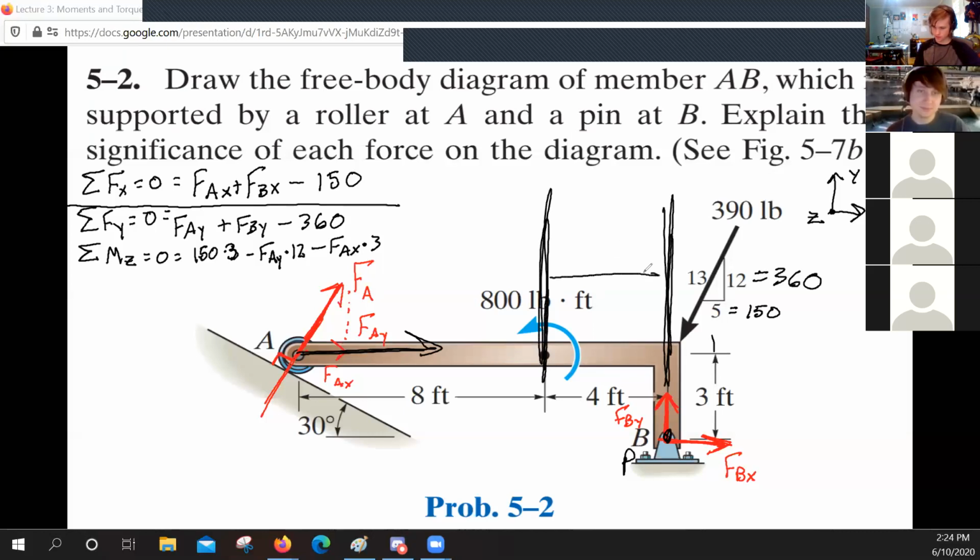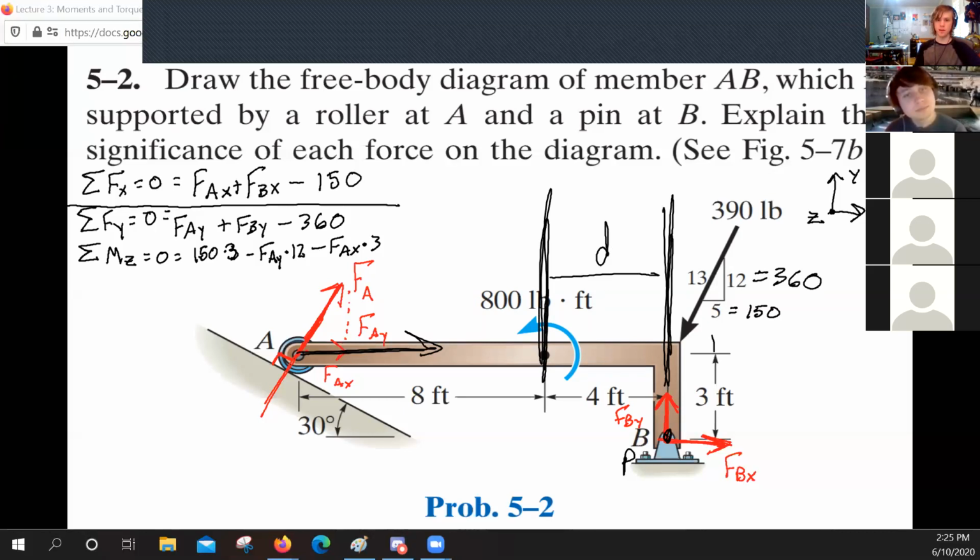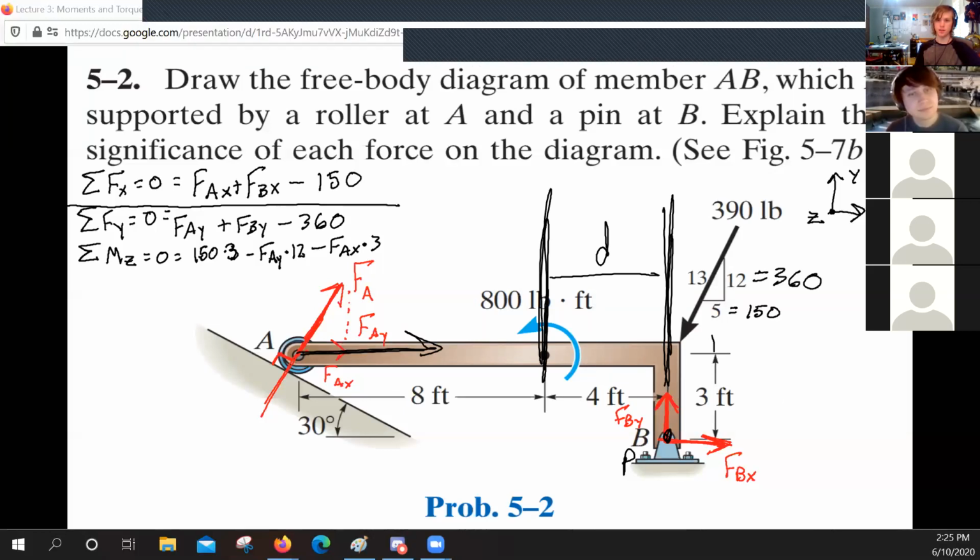We have a distance d, and I'm trying to remember if I'm completely justified in saying what I'm about to say. I think I am, but I want to double check. Kyler, you can correct me if I'm wrong. Moments don't matter where they are, in the sense that if we're taking the moment about a pivot P here and we have a moment over here, we can split it up and then reapply it.